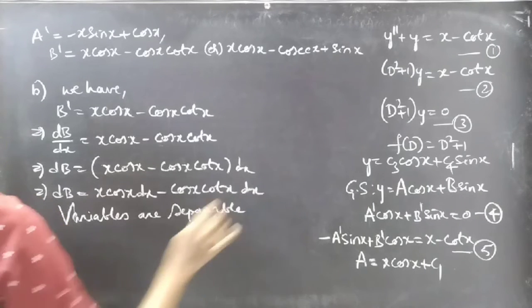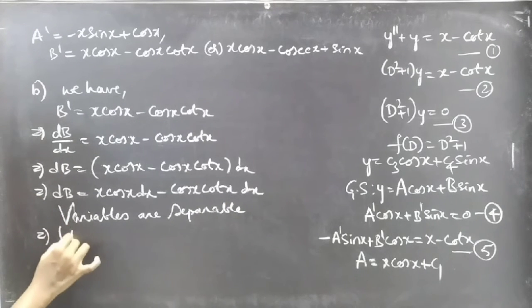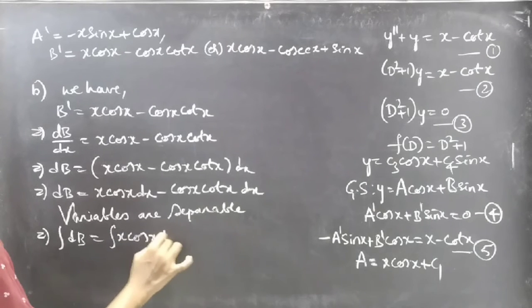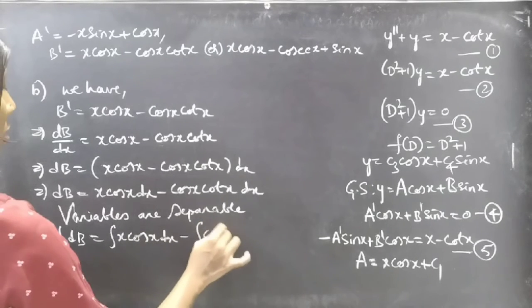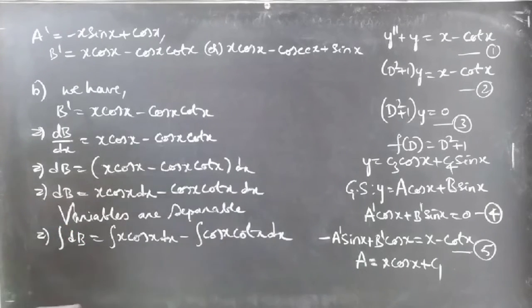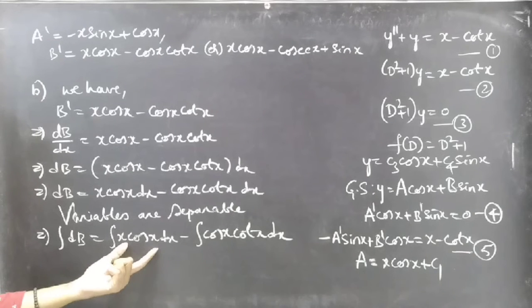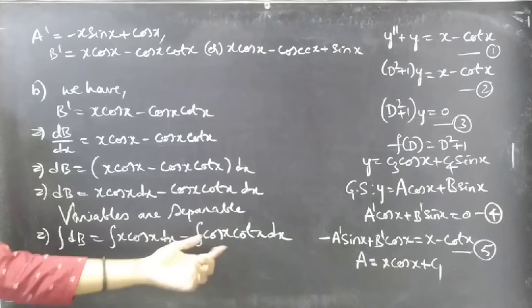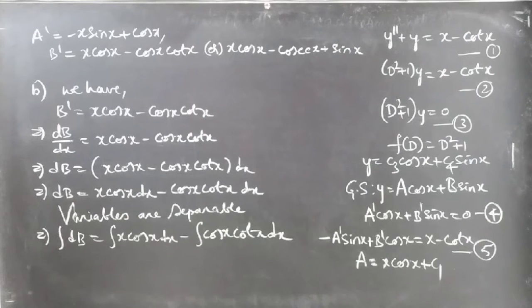Let's now perform integration. We'll get integral dB equal to integral x cos x dx minus integral cos x cot x dx, right? Let's now evaluate integral x cos x dx and integral cos x cot x dx separately for our convenience.